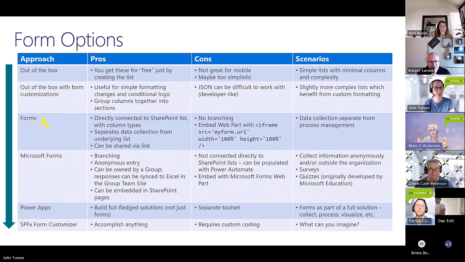There are lots and lots of samples out there, but if you don't want exactly what the sample does, you're going to have to learn some JSON syntax, which can be difficult. So think of that as lists that get a little bit more complicated and would benefit from a little bit of rearranging.